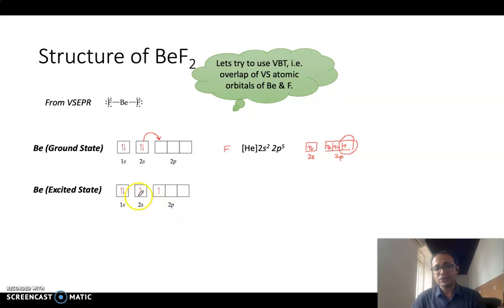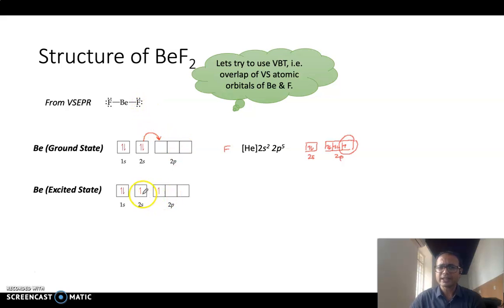Now if you look at the orbitals that are actually overlapping, one overlap is happening between the 2s orbital of beryllium and the 2p orbital of one fluorine atom, and the other overlap is happening between the 2p orbital of beryllium and the 2p orbital of the other fluorine atom.